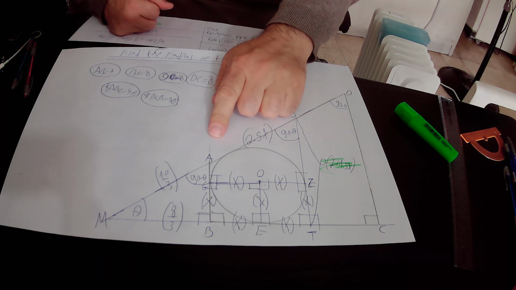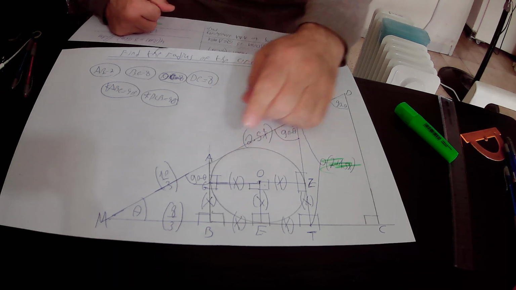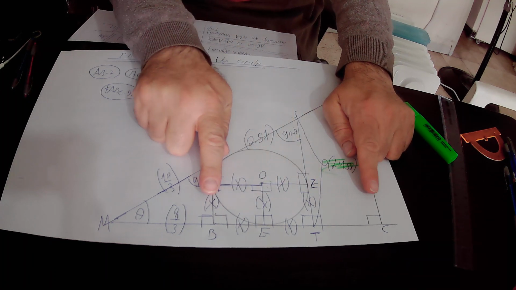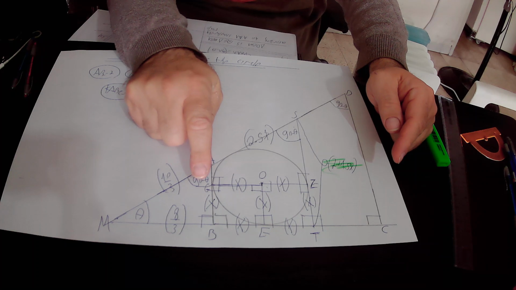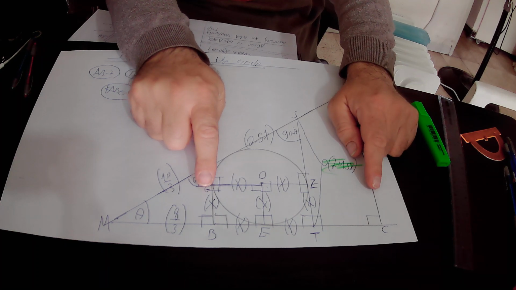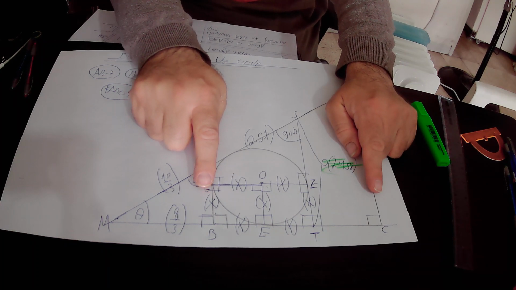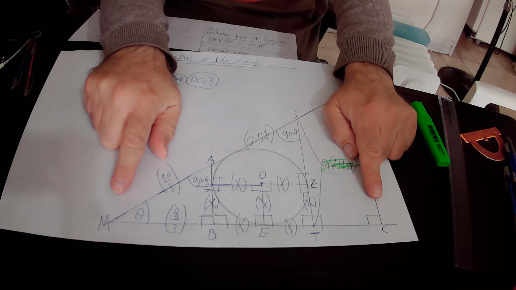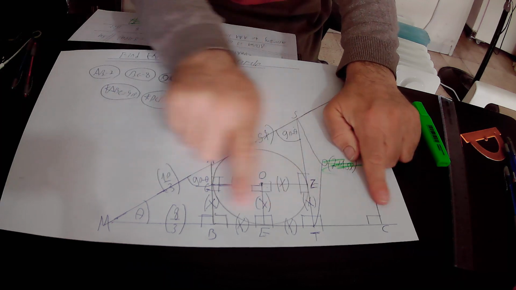Then we focus on BC, which is one side of this quadrilateral ABCD, therefore it is a straight line. And we extended the straight line BC by a straight line, and we got line segment CM. When you extend a straight line by a straight line, the result is a straight line, so CM is a straight line.